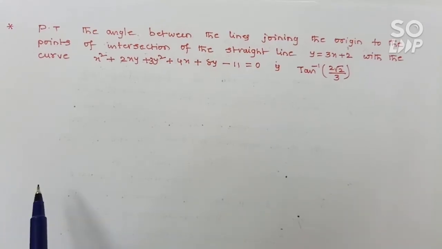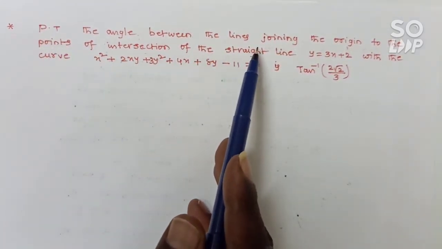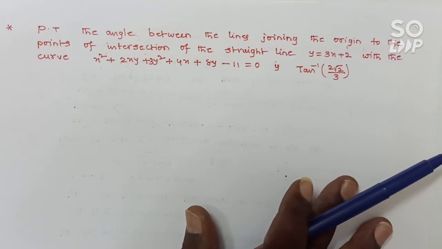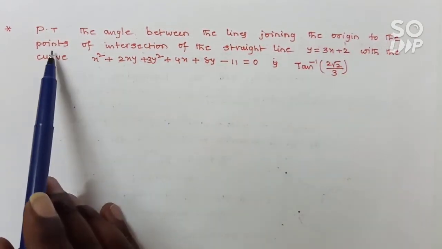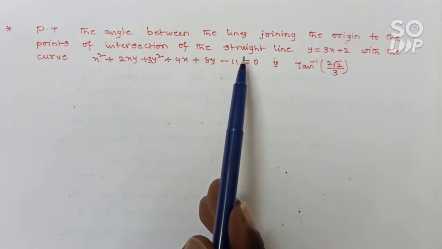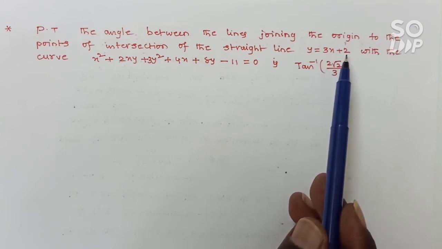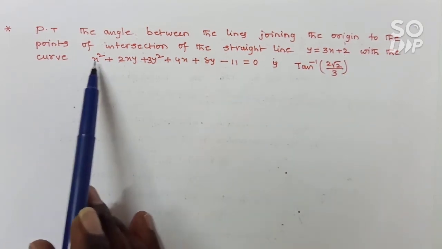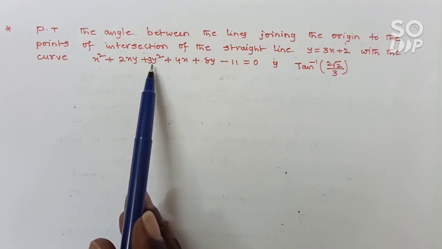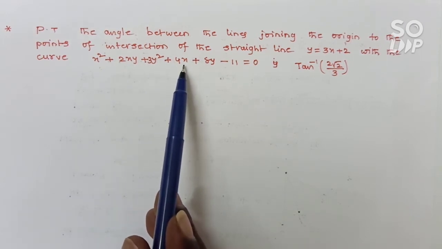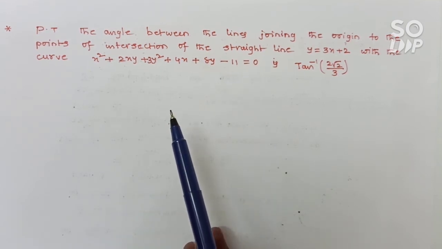See this example. Prove that the angle between the lines joining the origin to the points of intersection of the straight line y is equal to 3x plus 2 with the curve x square plus 2xy plus 3y square plus 4x plus 8y minus 11 is equal to 0.